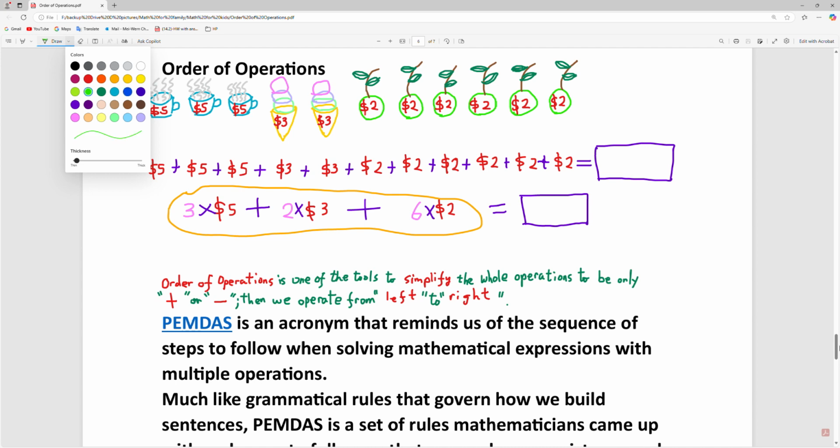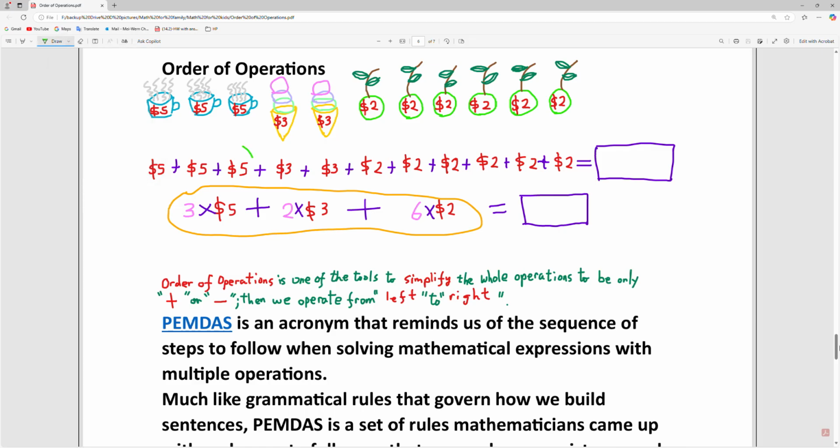I don't know. This one? Okay. This one. So I have 3 cups of coffee and 2 ice creams and 5 apples. I want to talk about something very important called simplify.